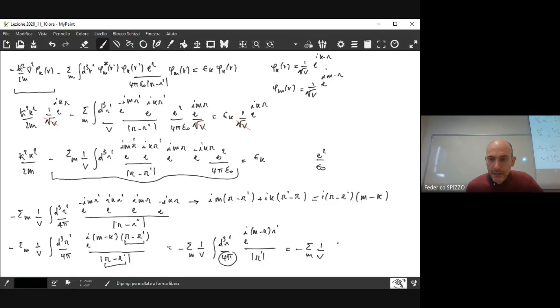So what I have left here is just 1 divided by m minus k squared. So we just end up with the evaluation of this sum. So remember the power of two here. Now I just give you an indication of how to go on with this integral, and then I give you directly the solution.